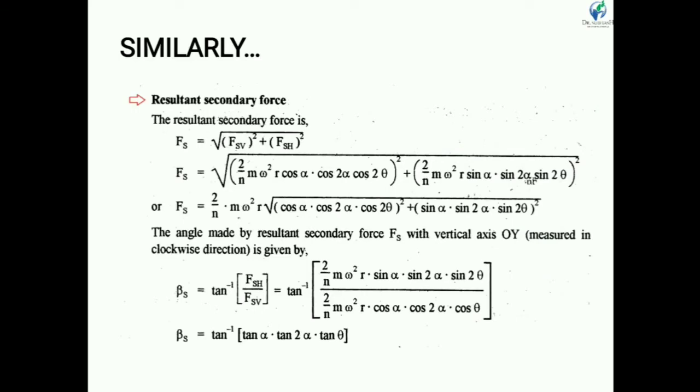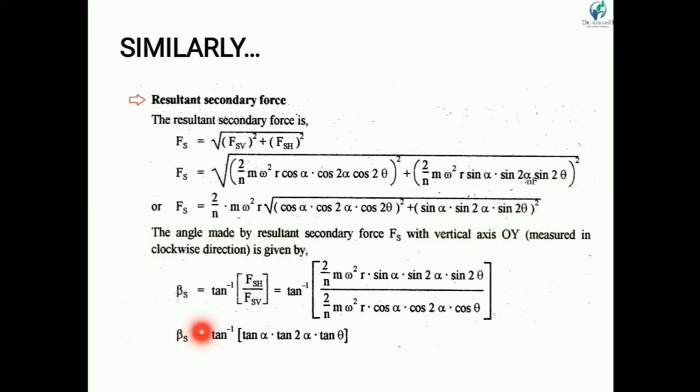Similarly, if we resolve the vertical component and horizontal component of secondary forces, then we obtain the equation Fs is equal to 2 by n into m into omega square into r under root in a bracket cos alpha into cos 2 alpha into cos 2 theta whole square plus in a bracket sin alpha plus sin 2 alpha into sin 2 theta whole square.